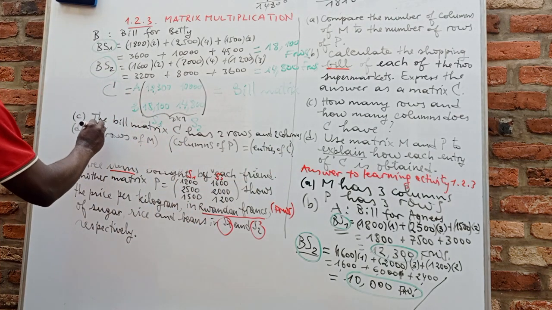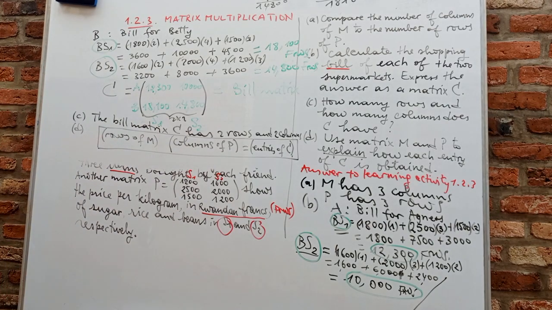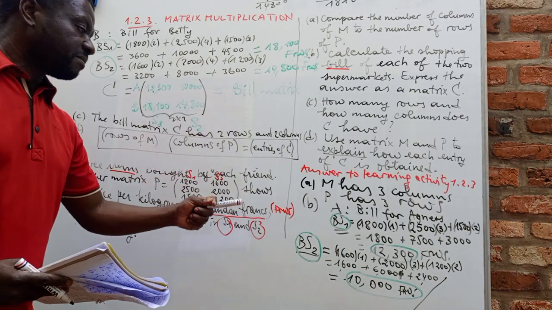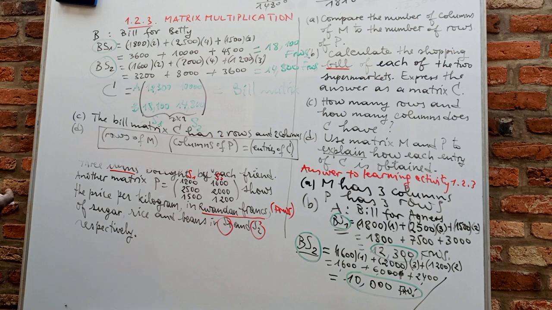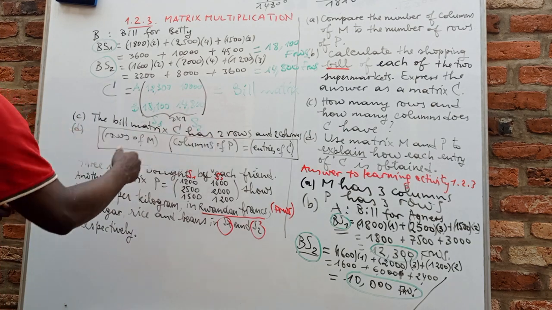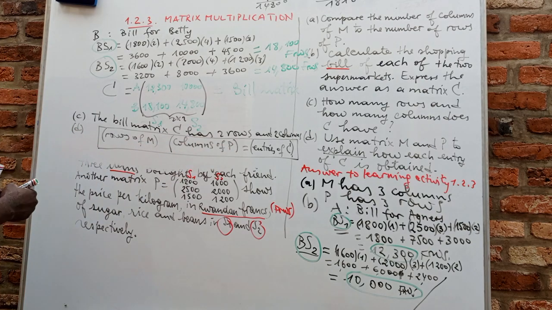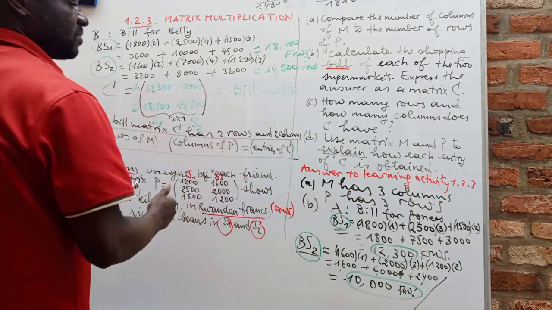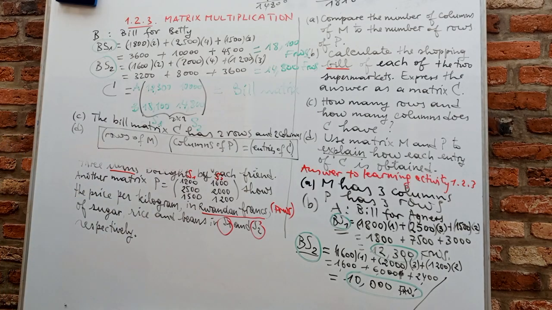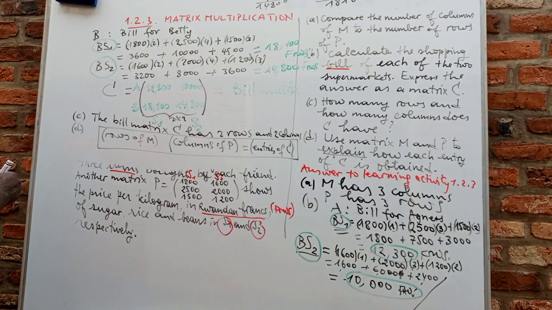This is how matrix C was obtained, and this is how matrix multiplication works. You take rows of the first matrix M, you multiply by columns of the second matrix P, in order to get entries of matrix C. In other words, this is how multiplication is made.